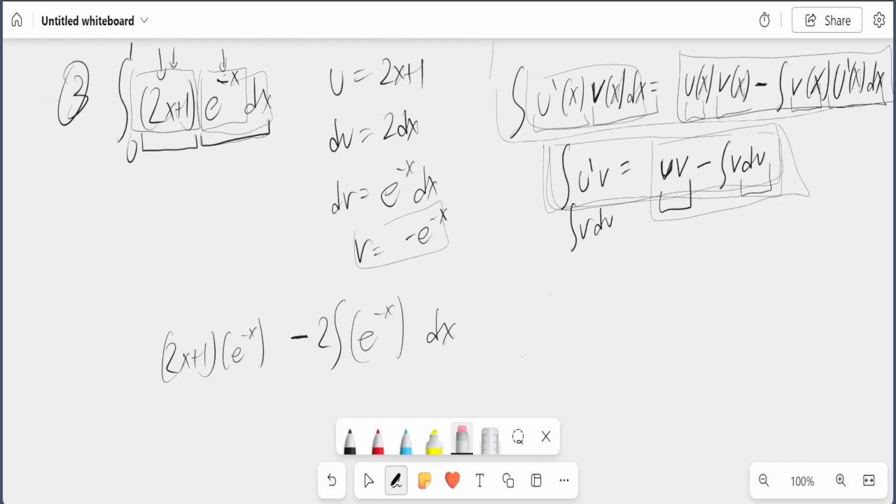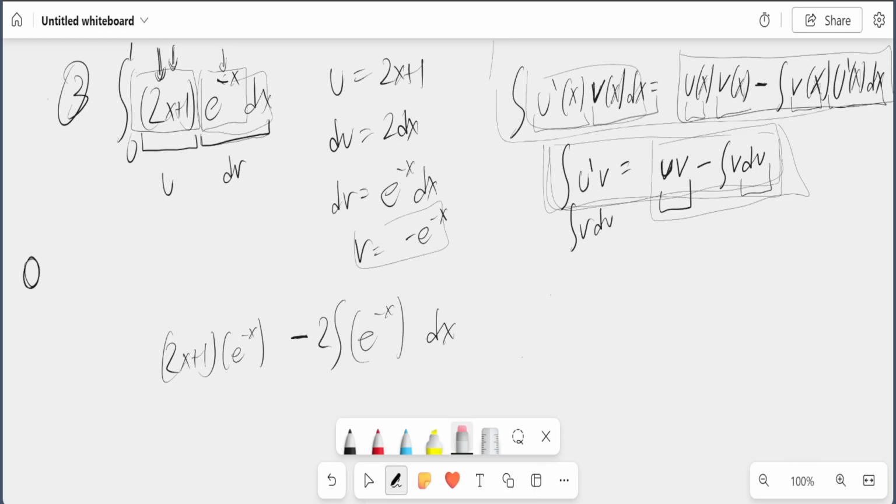Versus if we pick our terminating function for u and our non-terminating function for dv, this function is going to get smaller, and at some point it's going to become 0. So we know for a fact that if we kept doing parts, this expression is going to get simple enough that we can actually integrate it.